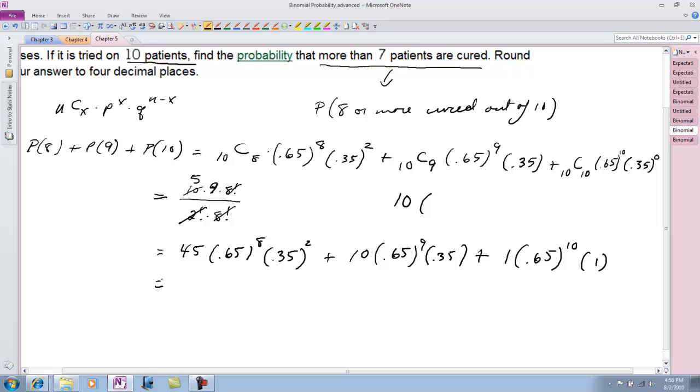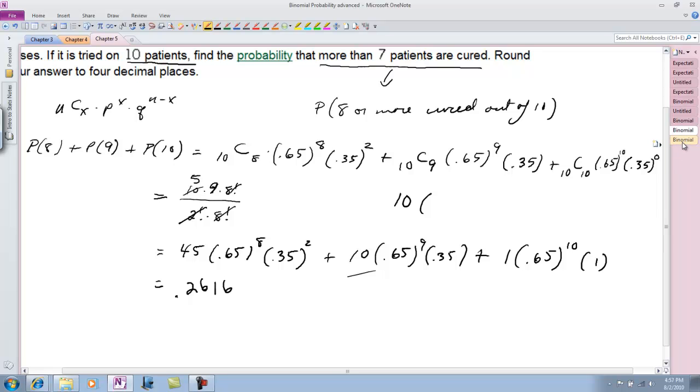And it comes out 0.26160. Since Alex will ask us to round it to 4 decimal places, I'm going to put 0.2616, and that would be your answer.